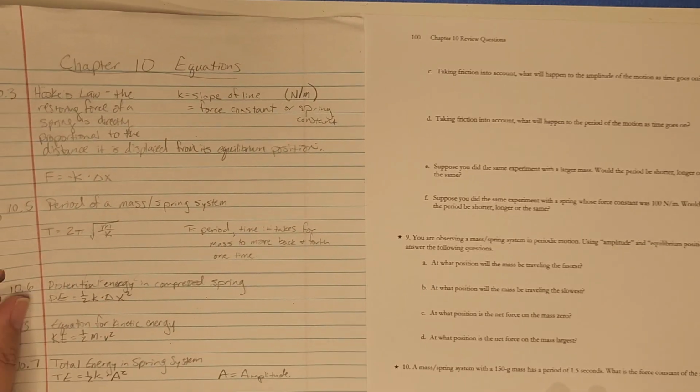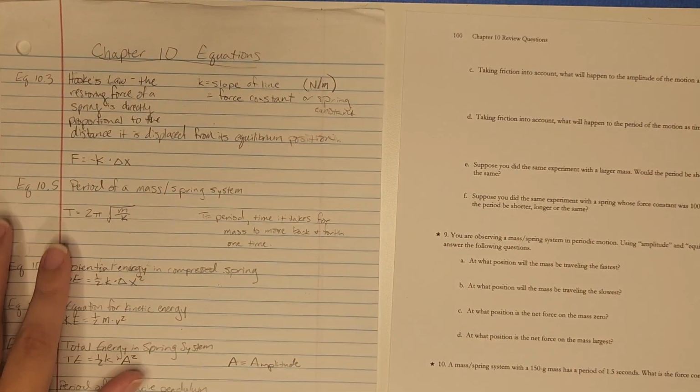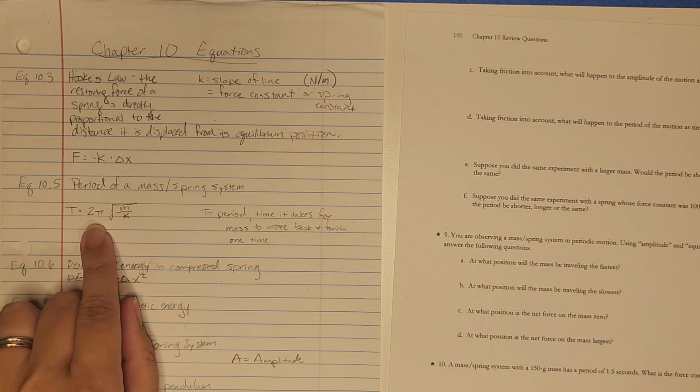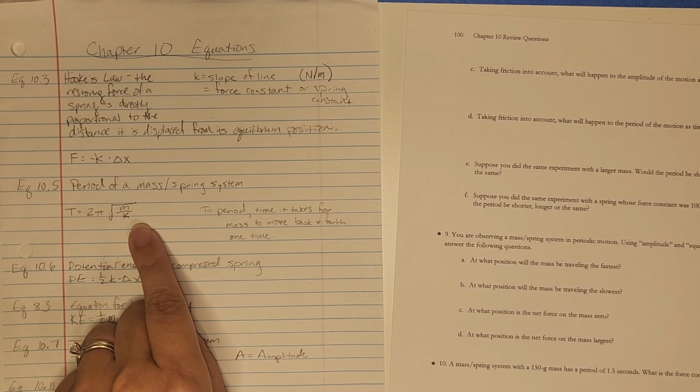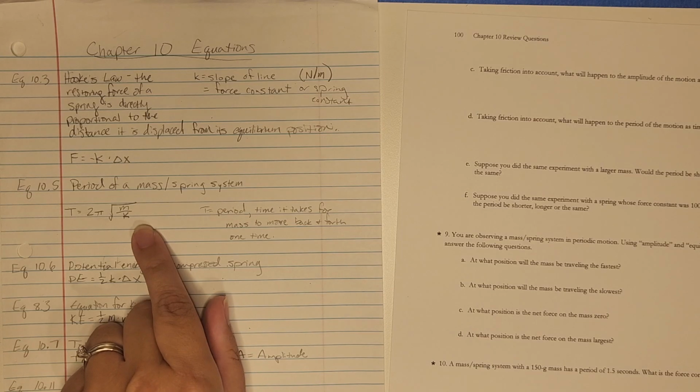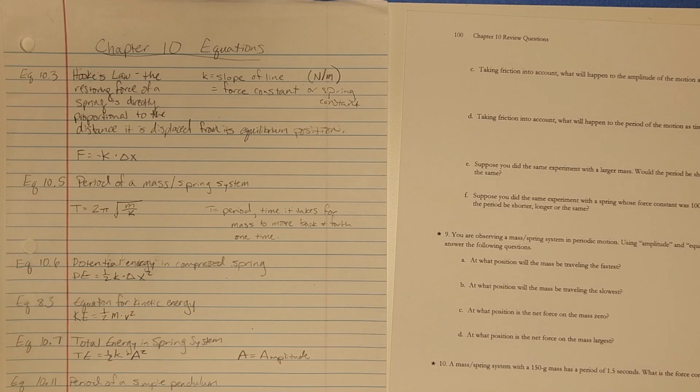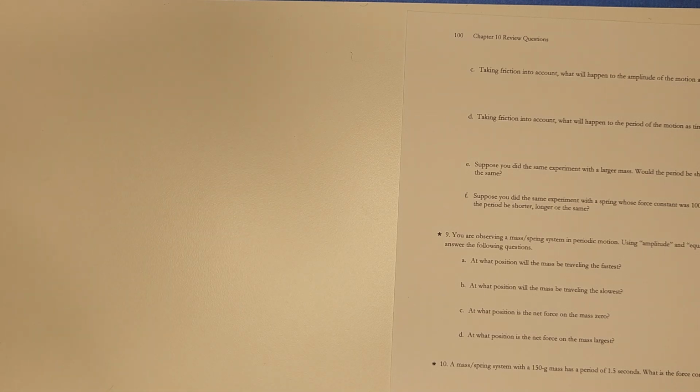So just looking at my notes for equation 10.5, we have the period equals 2 times pi times the square root of the mass over the spring constant. And so amplitude has no factor in this, and the spring constant's always going to be the same. That's why it's called constant. The mass is always going to be the same. And so the period is not going to change due to friction.